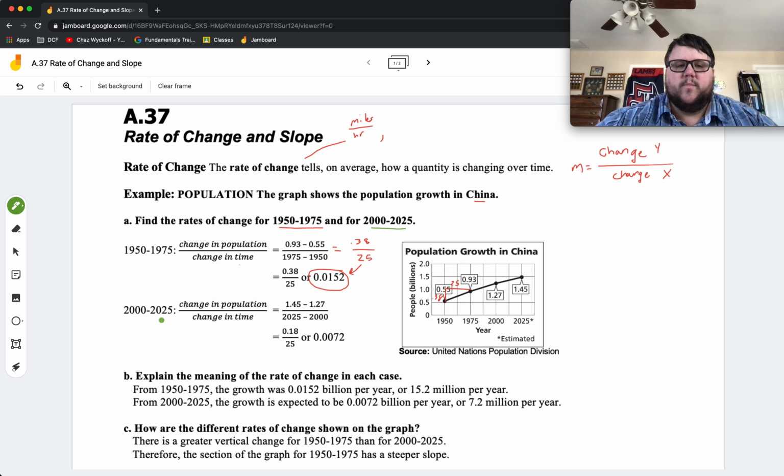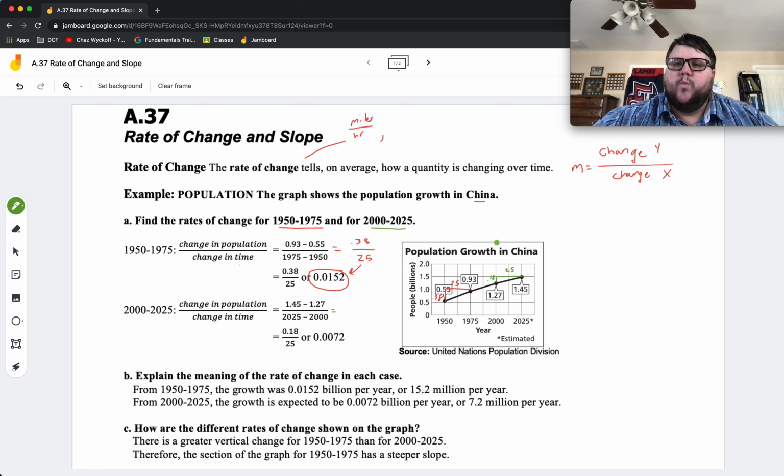Now we're going to do 2000 to 2025. So I'm going to draw my triangle again. It doesn't have to look perfect, but my run again is 25 years, so my horizontal is 25. My vertical is 1.45 minus 1.27, which gives me 0.18.